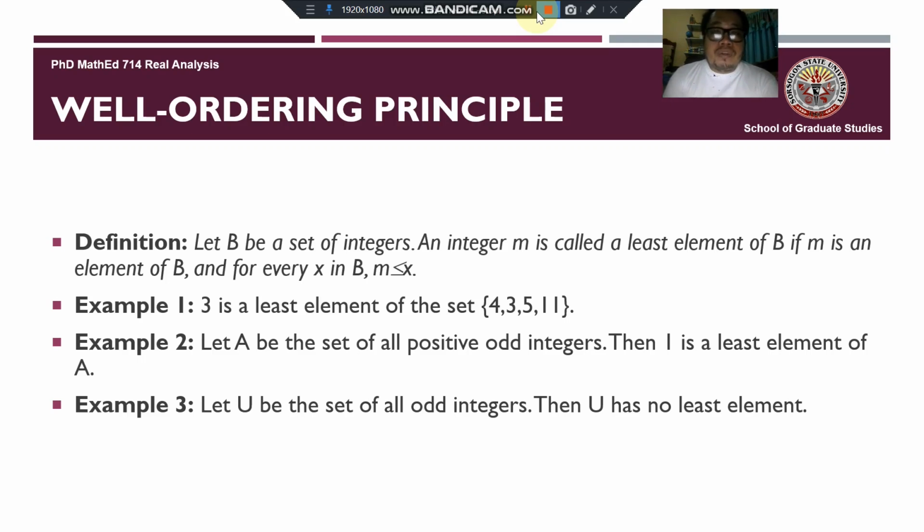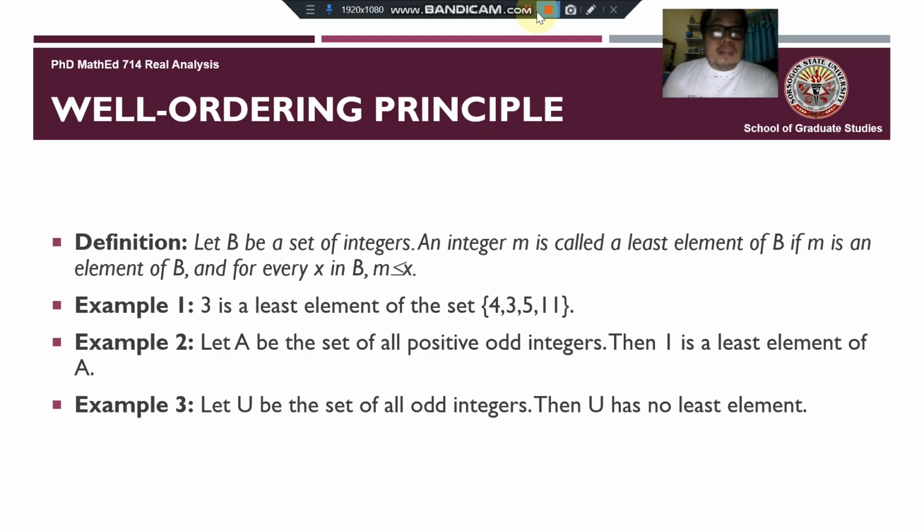We know that odd integers are integers that are divisible by 2 with a remainder of 1. And among those odd integers that are positive at the same time, 1 is the least element.